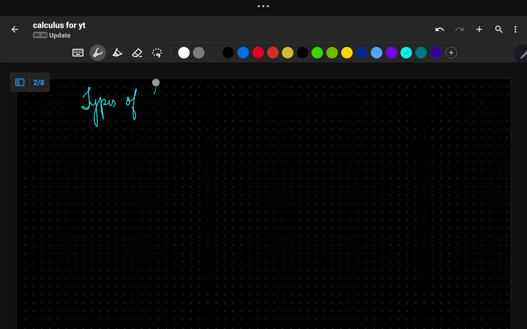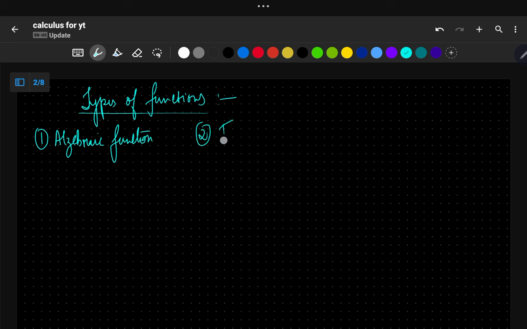After that, we'll be coming to know about types of function. So there are many types of function, right? First one is algebraic function. Second is trigonometric function.